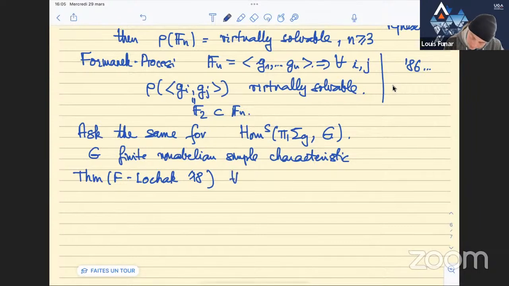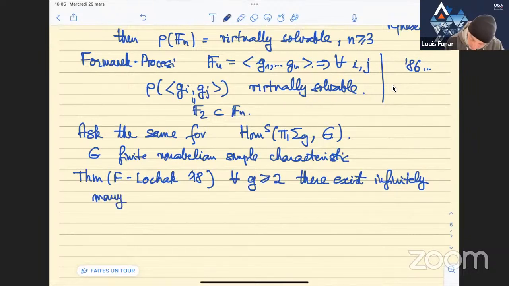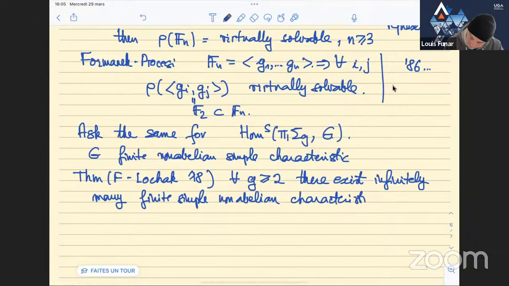So you think that for any g at least 2, there exist infinitely many finite, simple, non-abelian characteristic quotients of the group pi1 of sigma g.